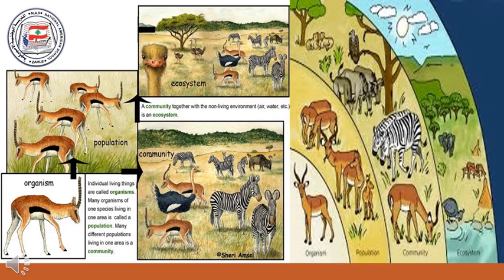It is similar to the one to the left. So we have an organism, which is one individual. When we have a group of the same kind of this animal, it forms a population, and when we have a group of different kinds of populations, they make a community, and a community together with the non-living things forms an ecosystem.